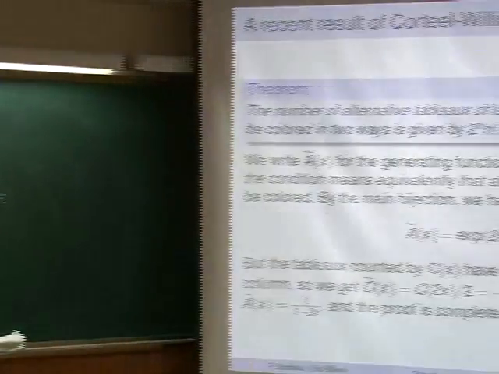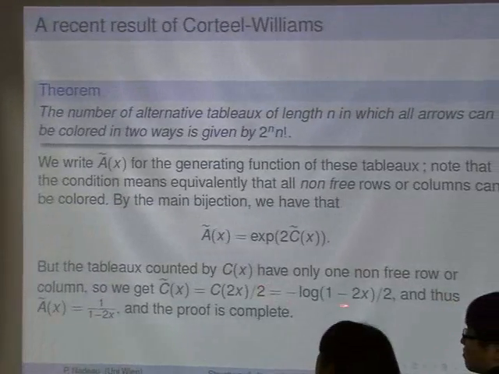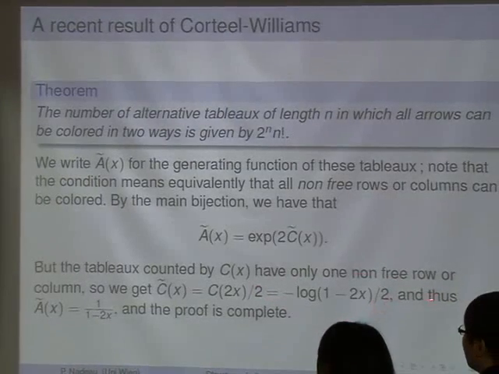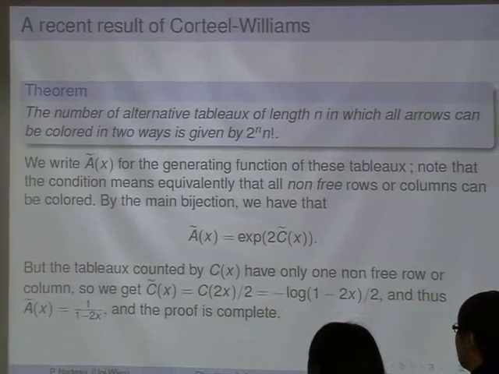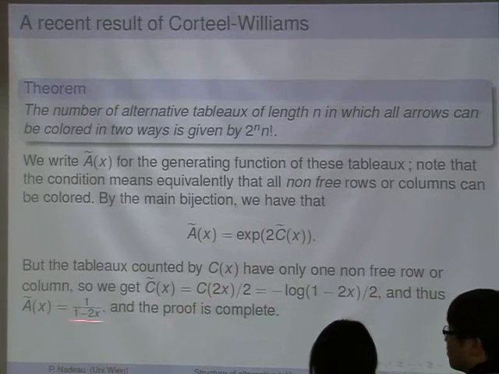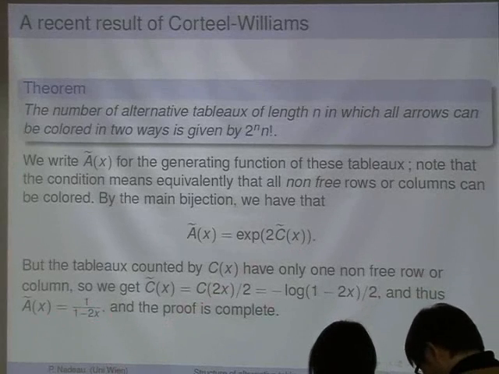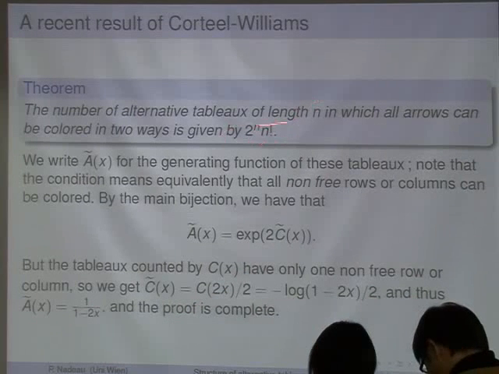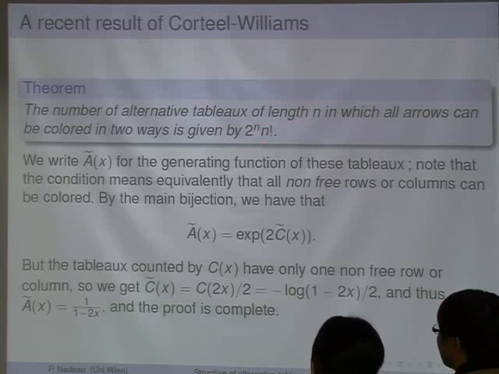So because of the expression for z, this is minus log of 1 minus 2x over 2, and then you plug it here, and you obtain 1 over 1 minus 2x, and this is exactly the generating function of these numbers. So immediately you don't really have to think, you obtain all these kinds of theorems here.